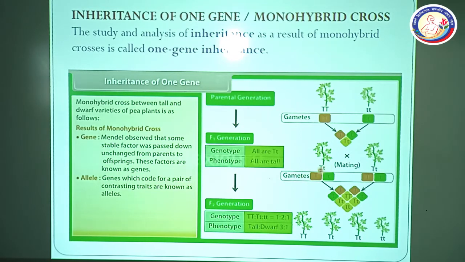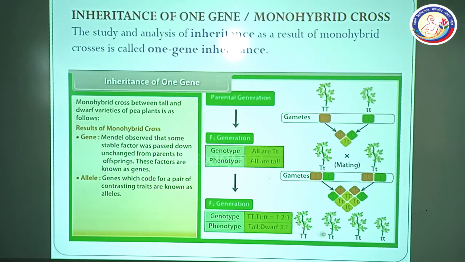When these plants undergo self-pollination or selfing, then you can see we will obtain the F2 generation here. These are the gametes, capital T and small t of the tall F1 plant, and capital T and small t of the tall F1 plant. When these are crossed here, capital T capital T is tall, capital T small t is tall, capital T small t is tall, and these upper three plants are tall in nature, while there is a single plant which is short.